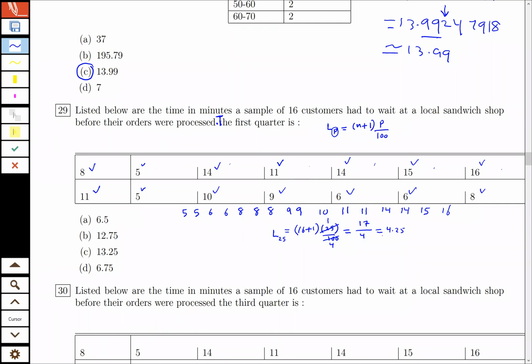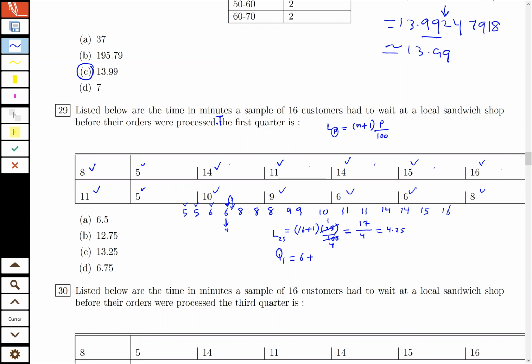So we just come and calculate: this is 1, that's 2, that's 3, that's 4. So here we have the element which is more than 4. How to find the first quarter? It's not 4.25, this is the location. We should go to the element before that one, which is 6, the element number 4.